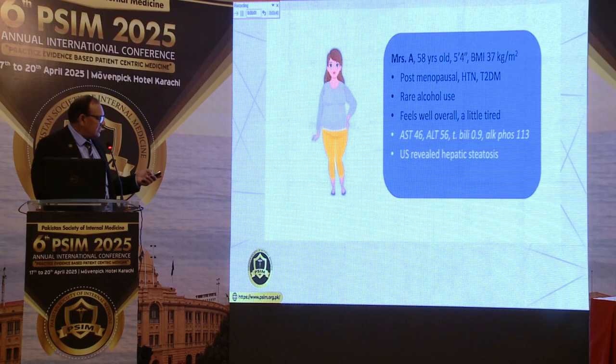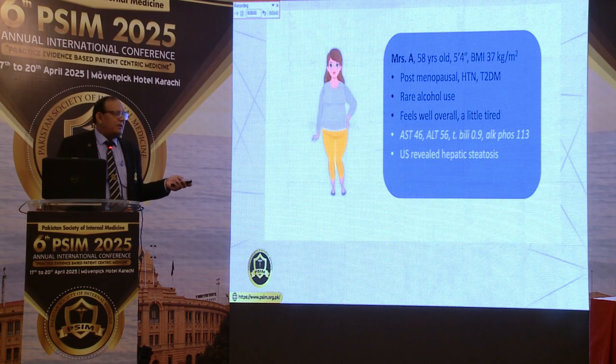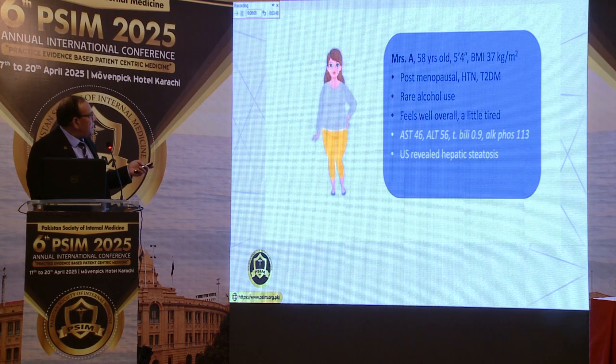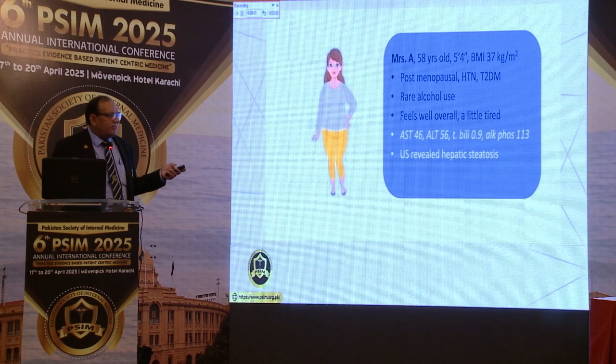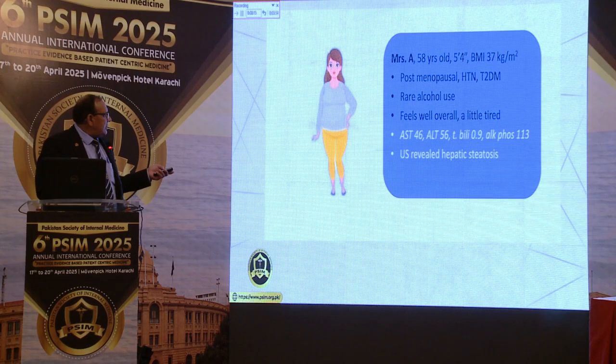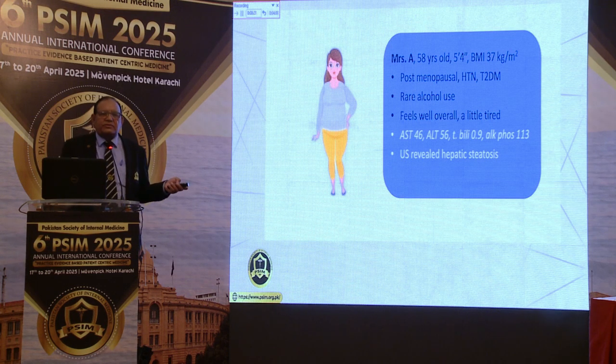I will give an example of a hypothetical patient: a 50-year-old female, 5 feet 4 inches, BMI 37, postmenopausal, hypertensive, diabetic, who feels well but a little tired. AST and ALT values are here, and ultrasound revealed hepatic steatosis.